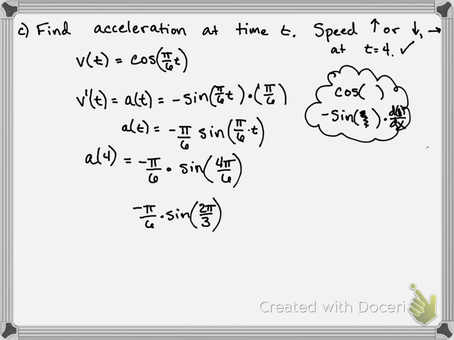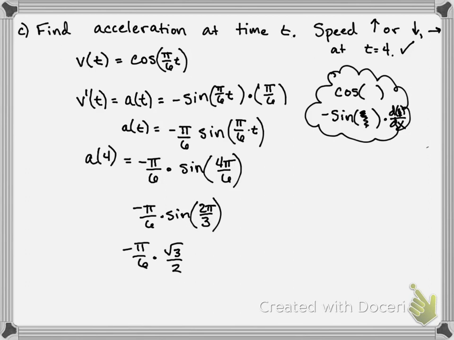Going back to my unit circle, the sine at 2 pi over 3, remember the sine value is the y value. What is the y value at 2 pi over 3? The sine at 2 pi over 3 is the square root of 3 over 2.